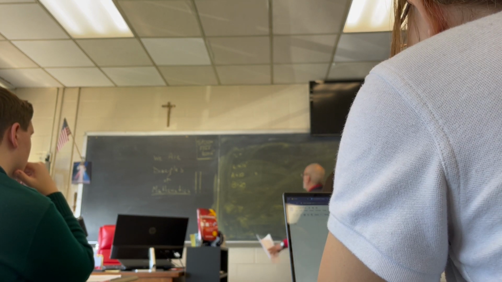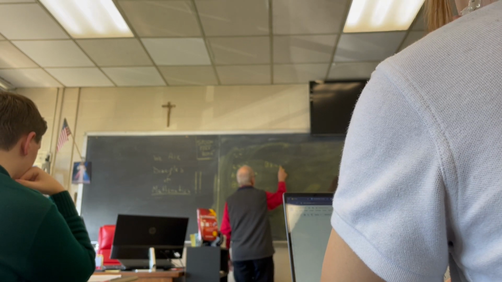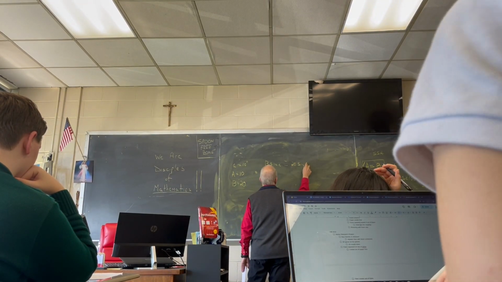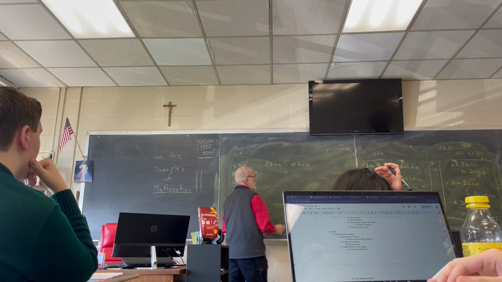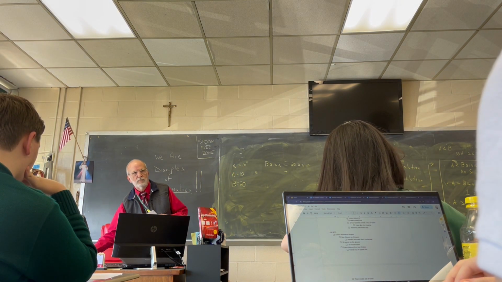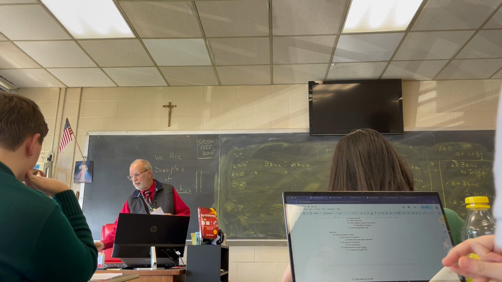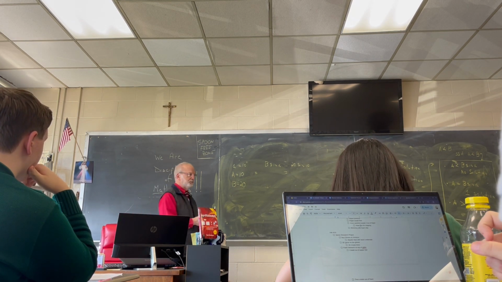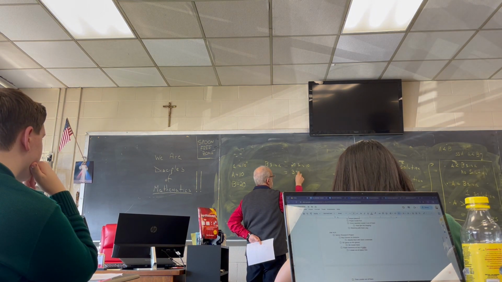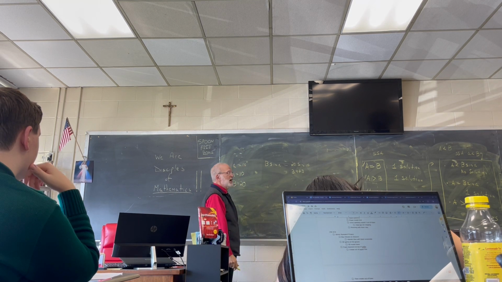So we need to figure out what B times the sine of angle A is. So this is equal to 20 times the sine of 10. How many decimal places? Let's go to 3. 3.473. All right, so that's what B sine A is.